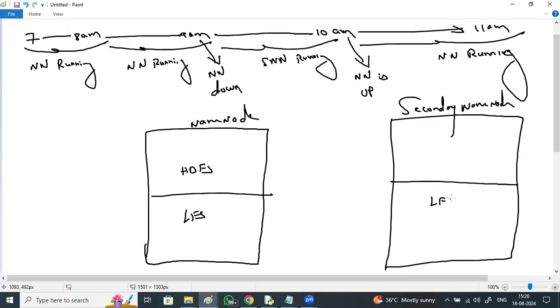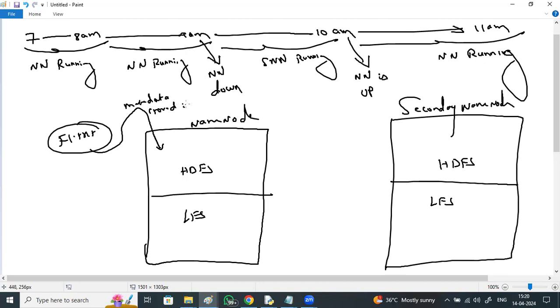Take f1.txt: its metadata is stored in the form of blocks, and it is also stored in the temp folder.